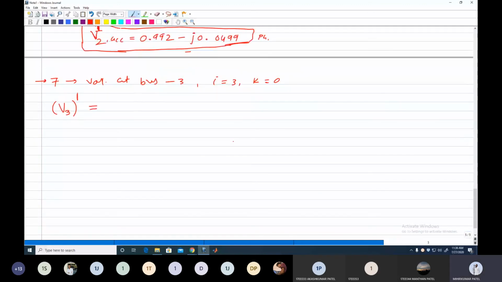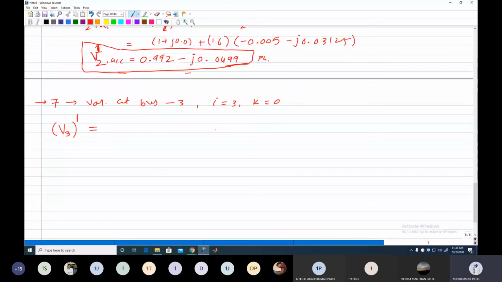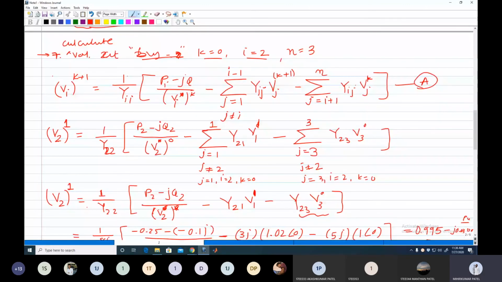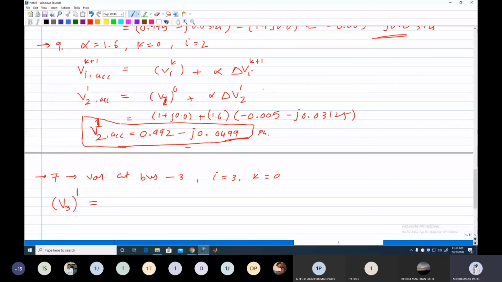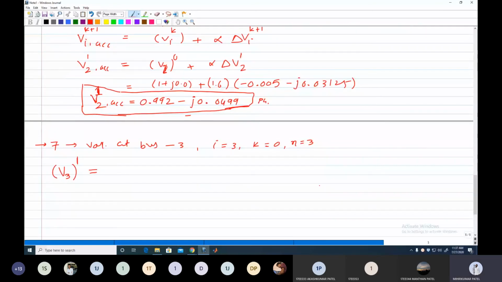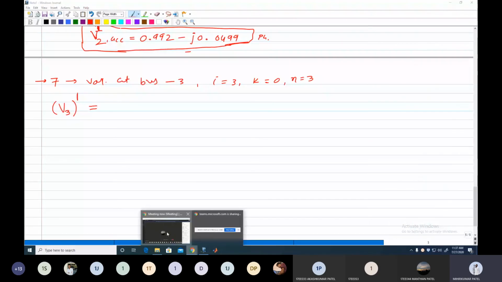Just recall equation number A, and substitute i is equal to 3, k equal to 0, and n equal to 3.